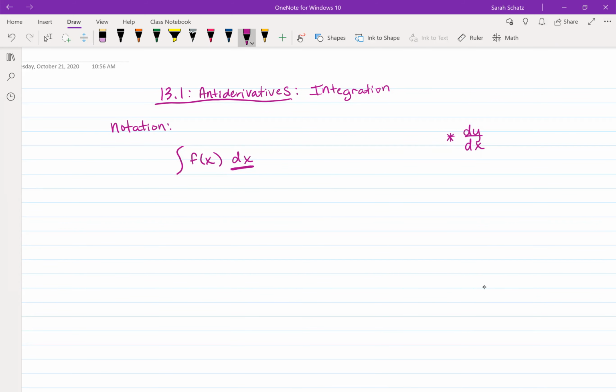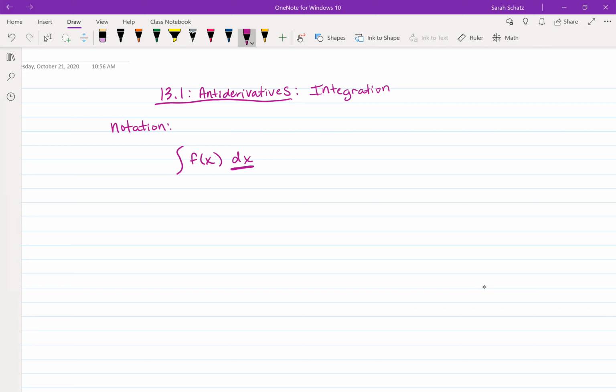So we're going to always have it there. For right now, it's not going to really mean much other than with respect to x, but later we will use it. So we want to make sure that we always have it. So this notation here says I want to take the antiderivative of a function with respect to x.